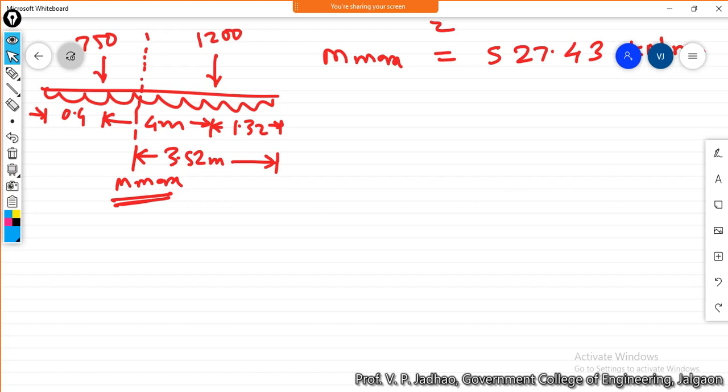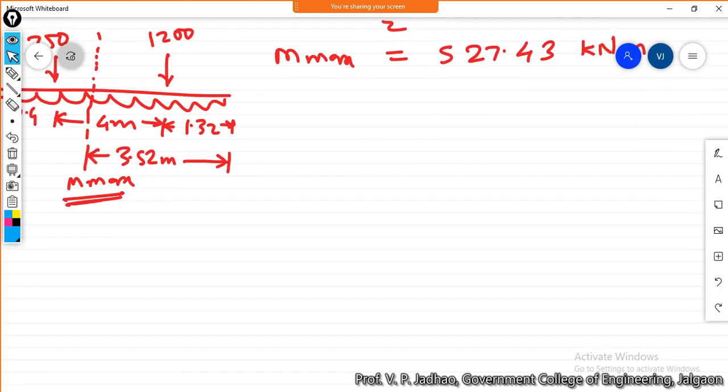there is some point P where the point of contraflexure exists. We know that at the point of contraflexure the bending moment is 0.